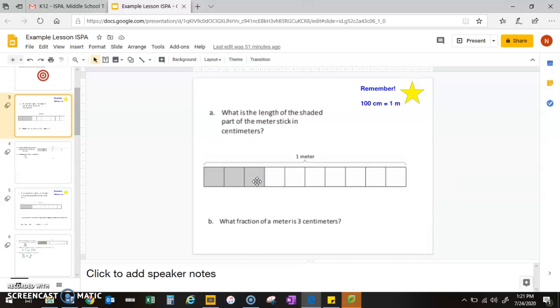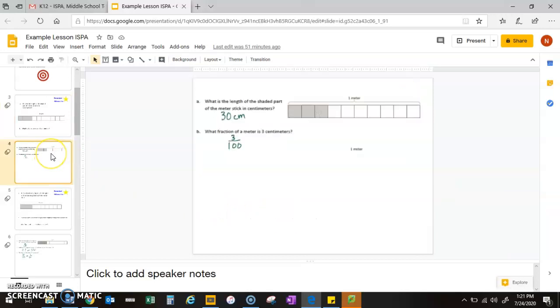B, what fraction of a meter is just 3 centimeters? So we're just counting 3 of the little strips in one box. Again, I would have this drawn, and I'd be using a different color, maybe say green. We would have 3 hundredths. On the next slide, I have the answer for that. We have 30 out of 100, or we have 30 centimeters shaded.